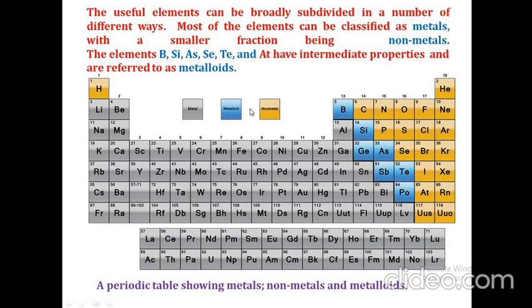So in this periodic table, all the boxes in gray color are metals, the brownish color blocks are showing non-metals, and the blue shade boxes are showing metalloids. These include boron, silicon, arsenic, tellurium, germanium, antimony and polonium.